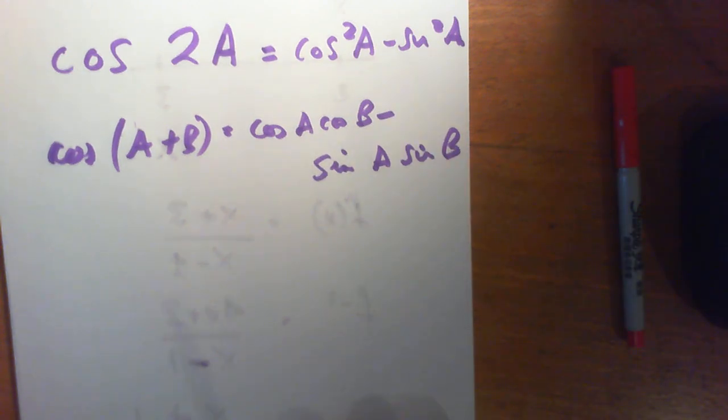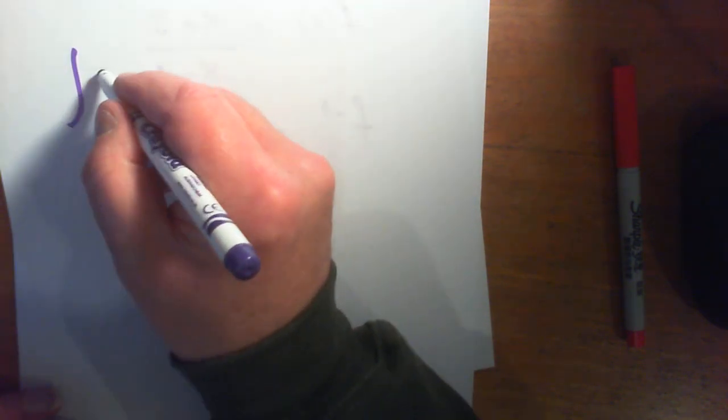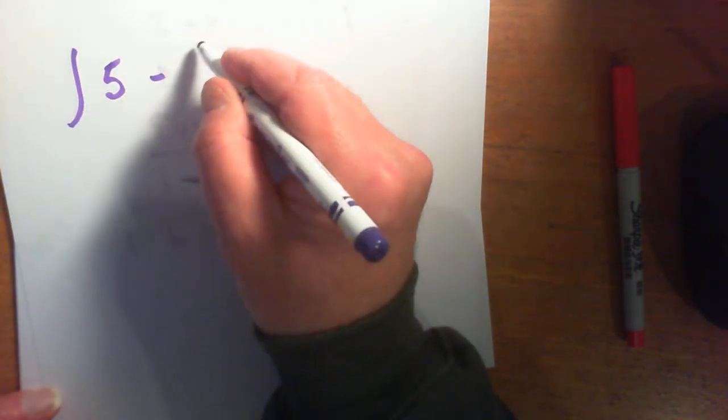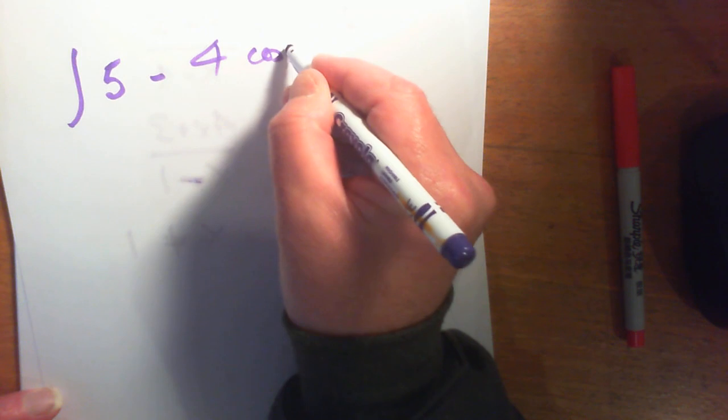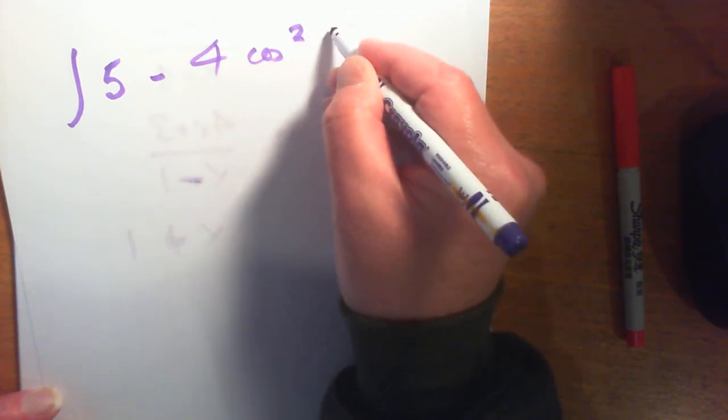Now the other thing is you had the integral. The integral is 5 minus 4 cos squared 3x.